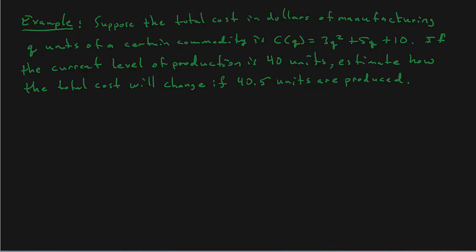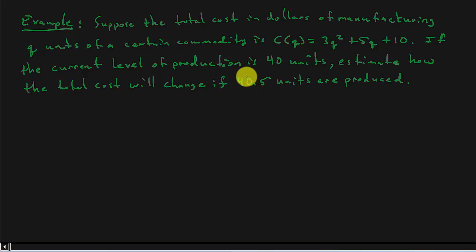Remember, in the previous problems with marginal cost, revenue, and profit, it was from 40 to 41 units, a 1 unit increase. But this time we're only increasing by half a unit. So we've got C of Q equals 3Q squared plus 5Q plus 10.